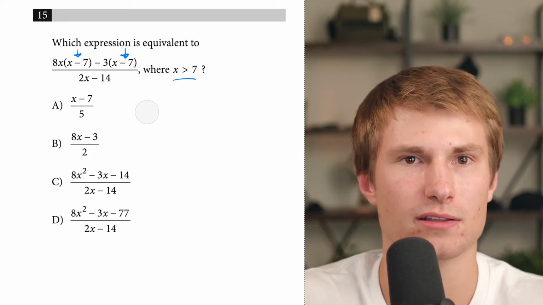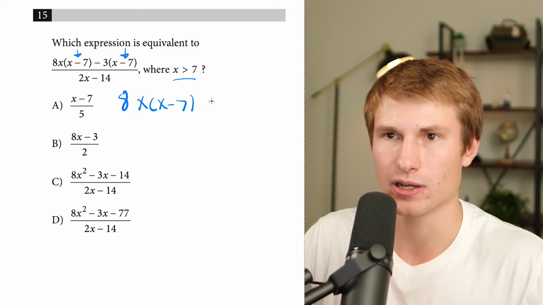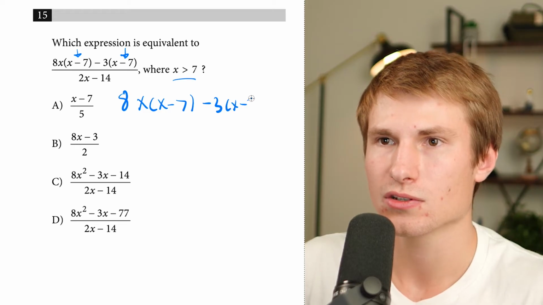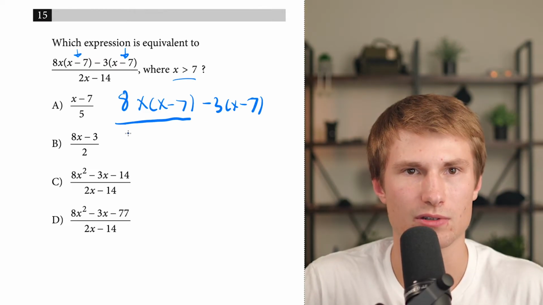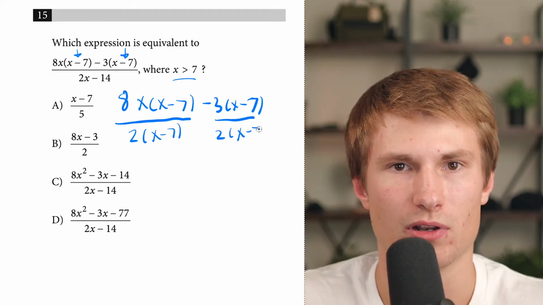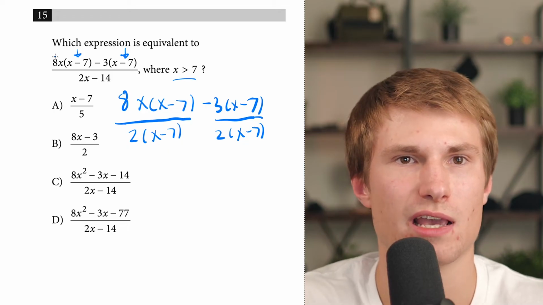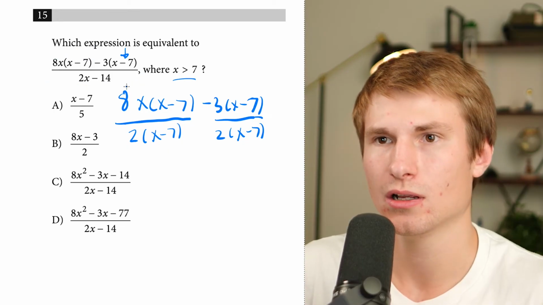And I'm actually going to write this whole thing out so I can do this more neatly and show you more clearly what's going on in this question. So let's go ahead and rewrite this all out. Okay, and the way I'm going to write this now is going to be 2x minus 7 and then 2x minus 7. Okay, so now what we just wrote down is the same as what is written up here. All we have done is we factored the denominator and then we wrote it out.